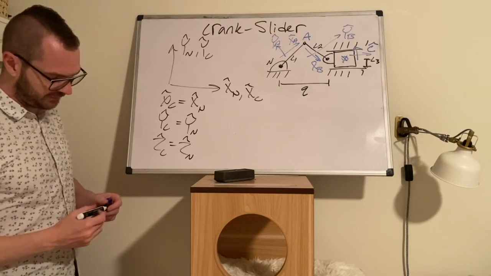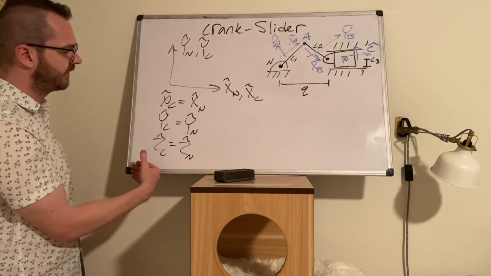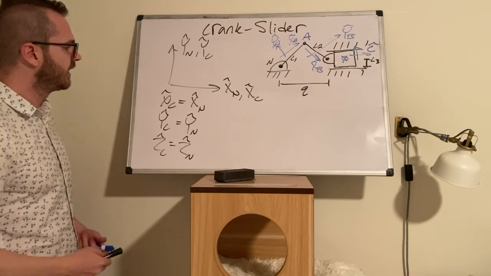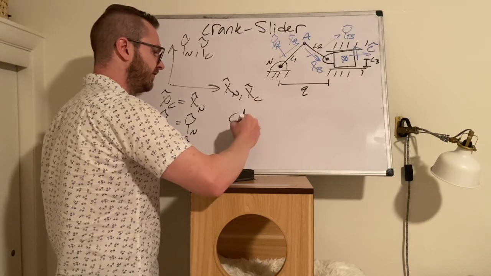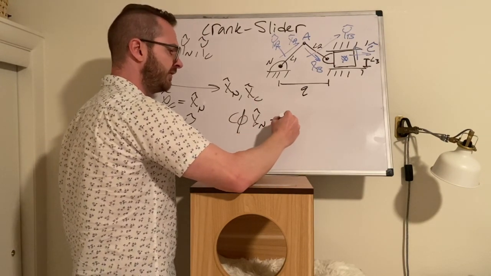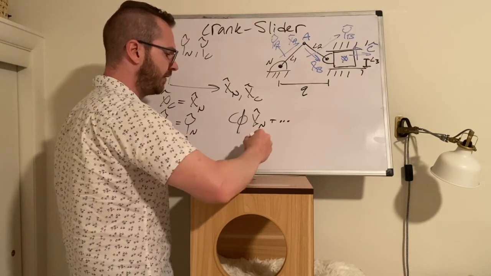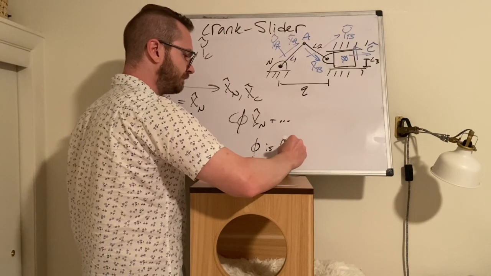I have sometimes seen students do the same diagram and put the same trig expressions here, and maybe they'll say something like cosine of some fixed angle, right? We could say cosine X at N plus dot dot dot, and then they come back and write a comment that this angle is fixed.